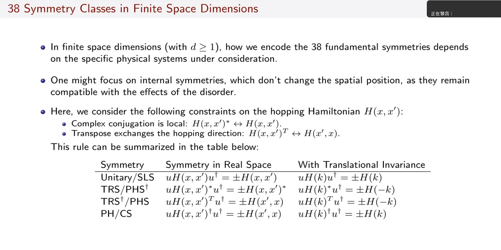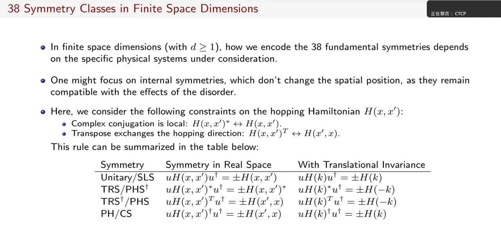On the other hand, transpose symmetry exchanges the spatial positions x and x prime, as the usual transpose of a matrix. And also Dagger symmetry, in the same way, exchanges the spatial position. So this is a summary of the symmetry implementation of non-Hermitian symmetry.